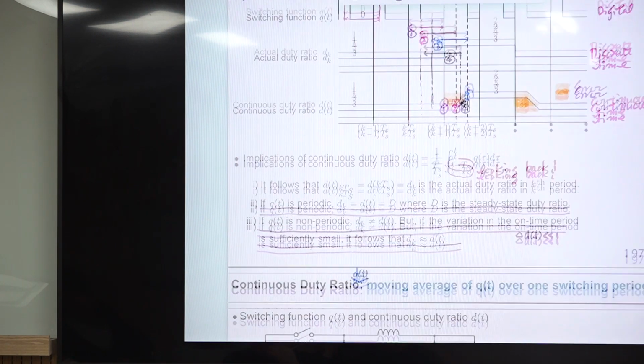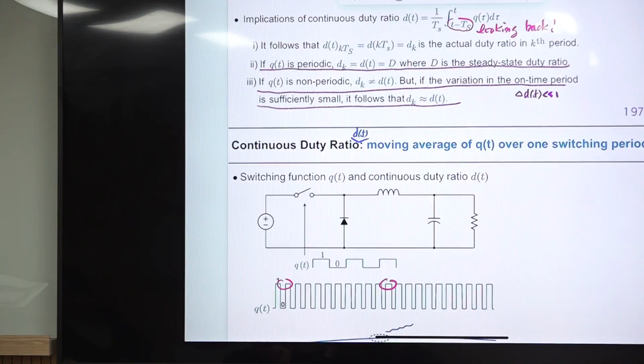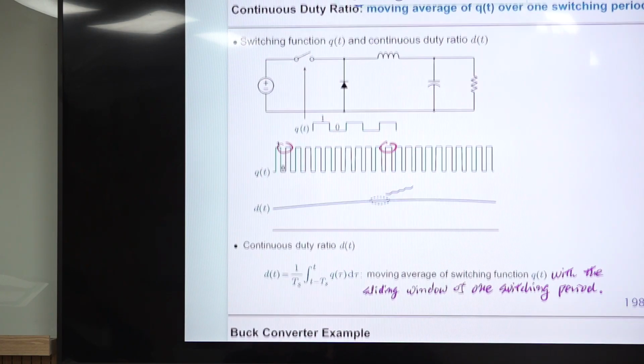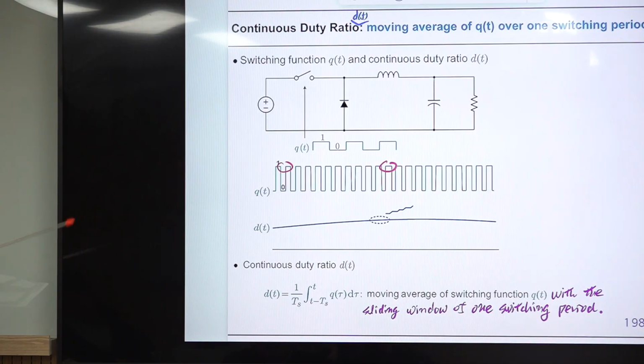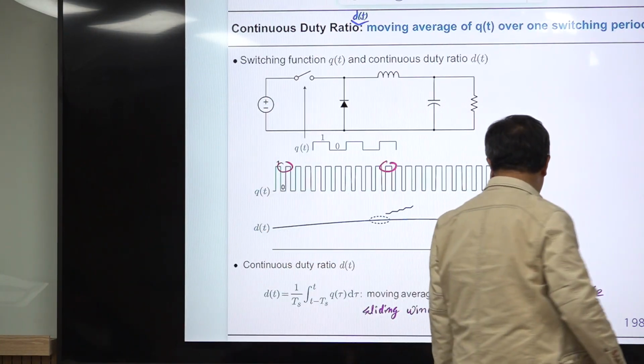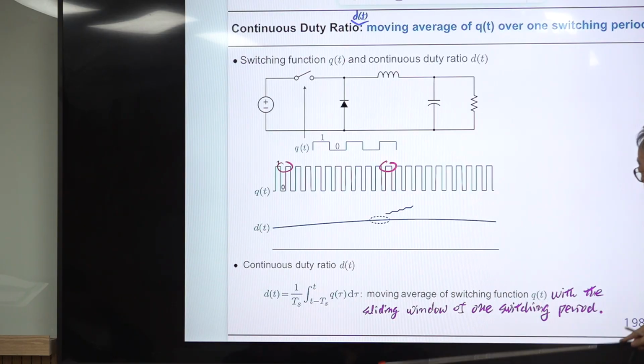With this assumption, you are using dt as the continuous variable, and dt is, in the exact sense, the moving average of QT over one switching period. A more precise definition is the moving average of the switching function QT, performed while sliding a window of one switching period.